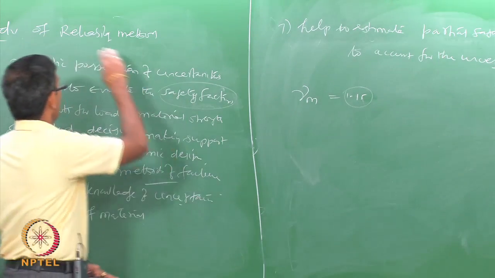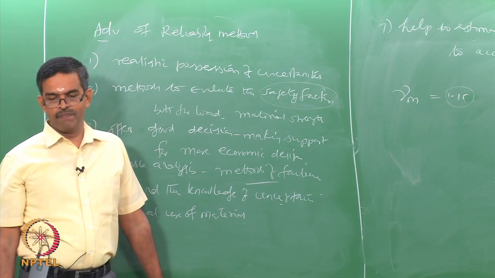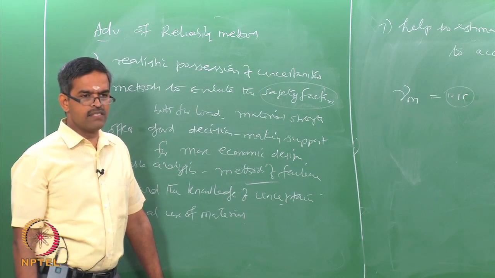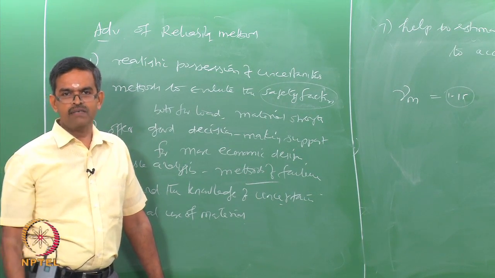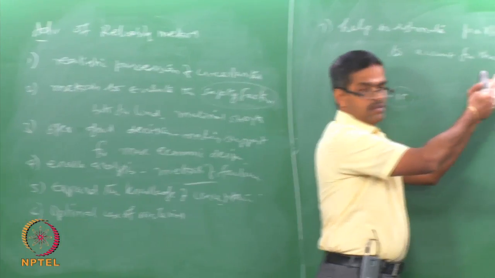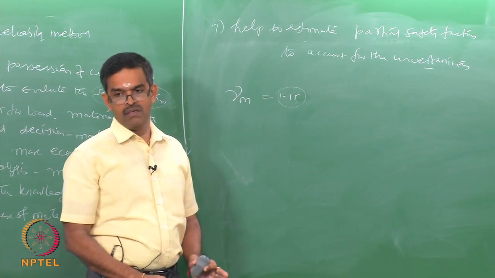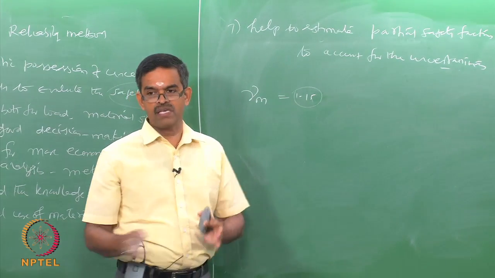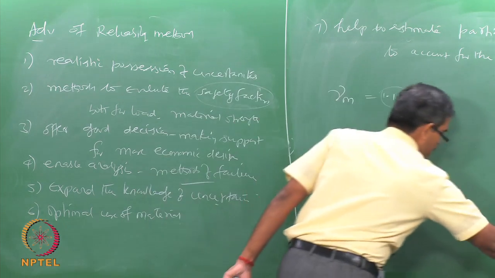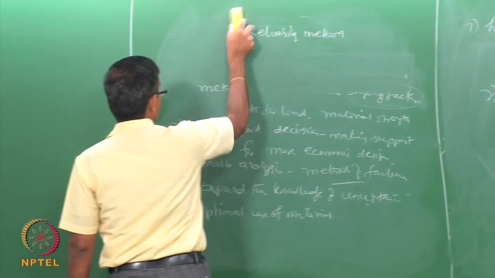So, reliability can also act as a silent supporting team which can educate the engineering designer to account for an unknown parameter which he or she has never heard of, but still he or she will land up in a safe design. Interestingly, reliability methods have certain limitations.